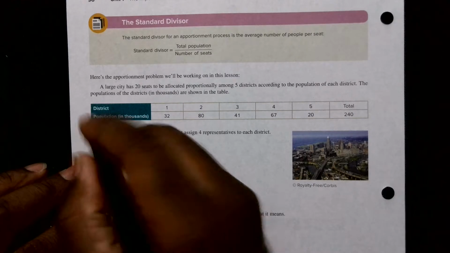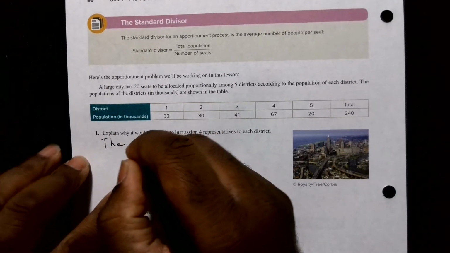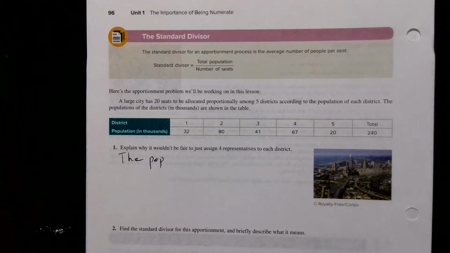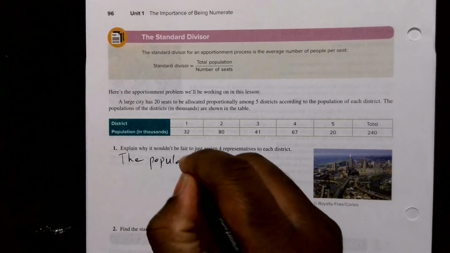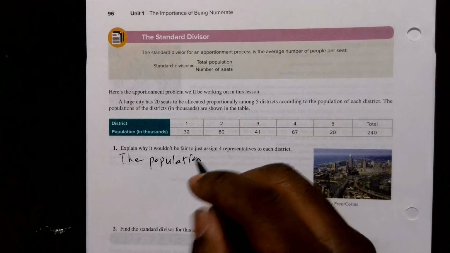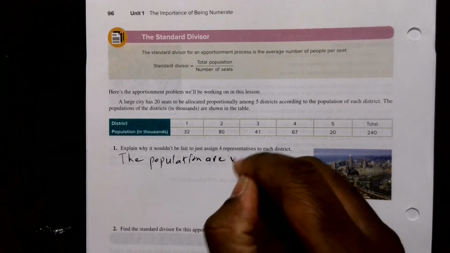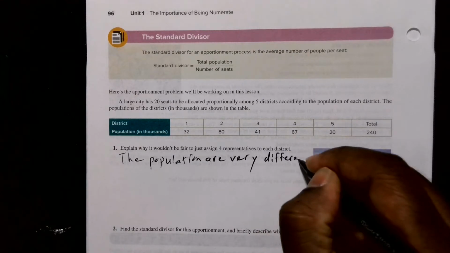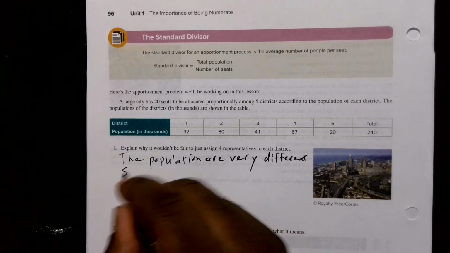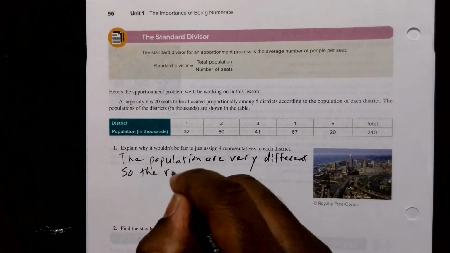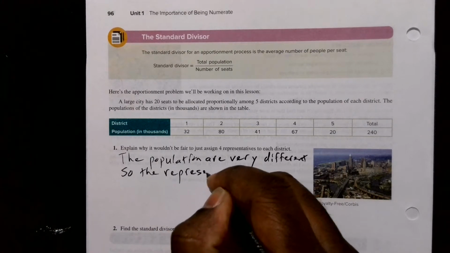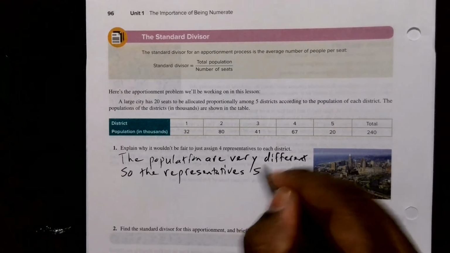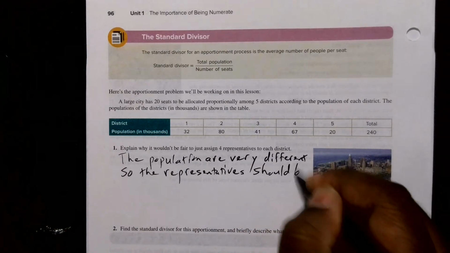The populations are very different, so the representatives should be also.